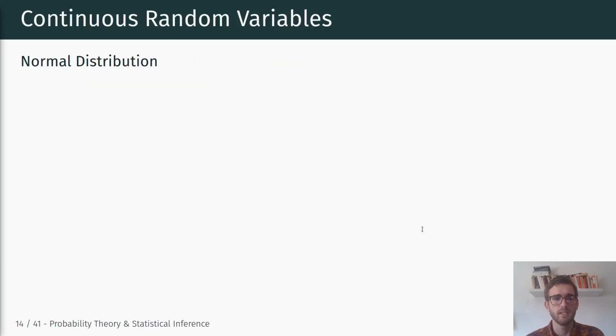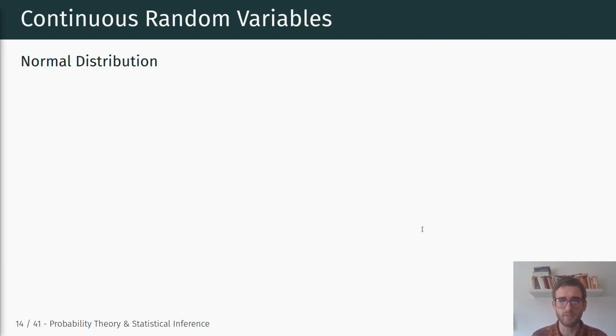Okay. All right, now moving on to the continuous random variables, we will look more closely at the normal distribution. The normal distribution, as we talked about in the past, is one of the most important distributions in statistics because ultimately it helps us describe the sum of many random variables.